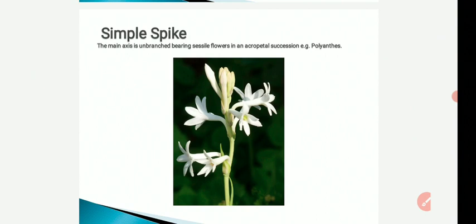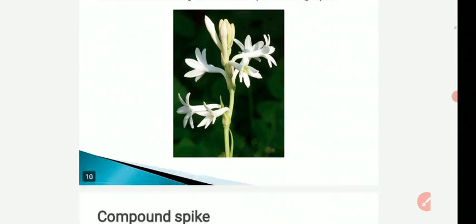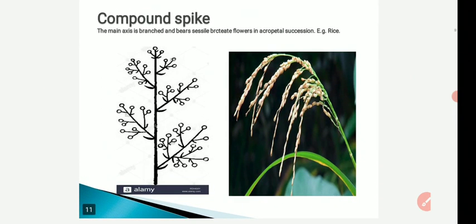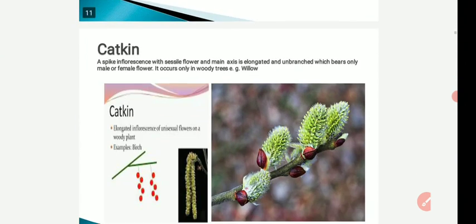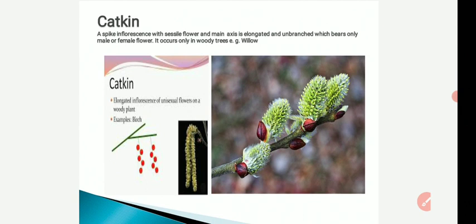For example, polyanthus or gladiolus, as shown in this picture. Next one, that is compound spike. In this type, the main axis is branched and bears sessile bracteate flowers in acropetal succession. For example, wheat, rice or different types of grasses. Next, that is catkin type of inflorescence.